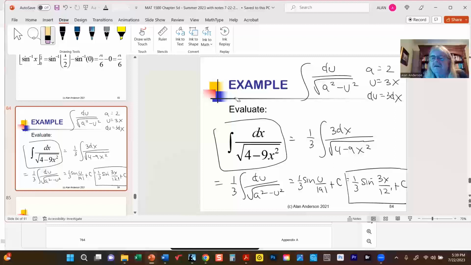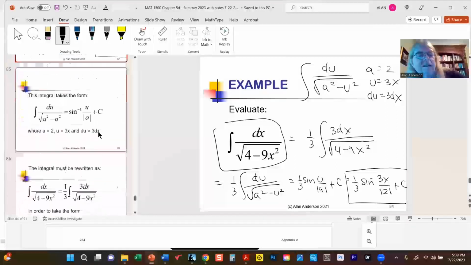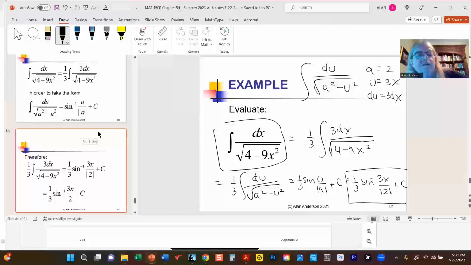Very good. Beautiful. So yes, I goofed on the u part. Yes, we needed the du, and so we needed to provide ourselves with a constant. So it's 1/3 arc sine of 3x over absolute 2, and we can ditch the absolute value. You can leave it there or get rid of it. Clearly, the absolute value of 2 is just 2.